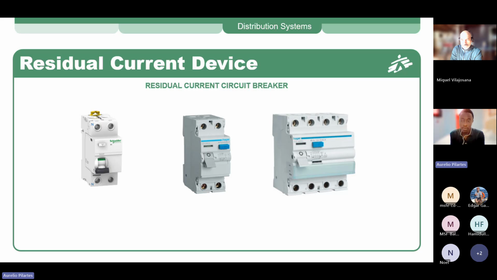This is how a normal scenario should happen. However, due to any factor, we could have some current leaking out of the circuit. And this leakage can be the origin of some undesired fallouts, like a fire or an electrical shock, and things like that.